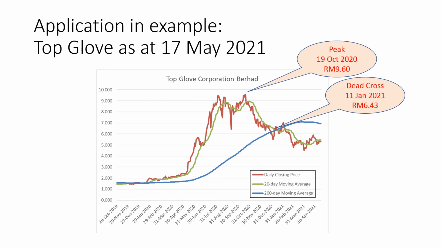At the time I conduct this analysis, 17 May 2021, the graph shows that there is little upside potential in long term due to the divergence between short-term and long-term moving average. However, short-term volatility may continue to exist based on 20-day moving average.